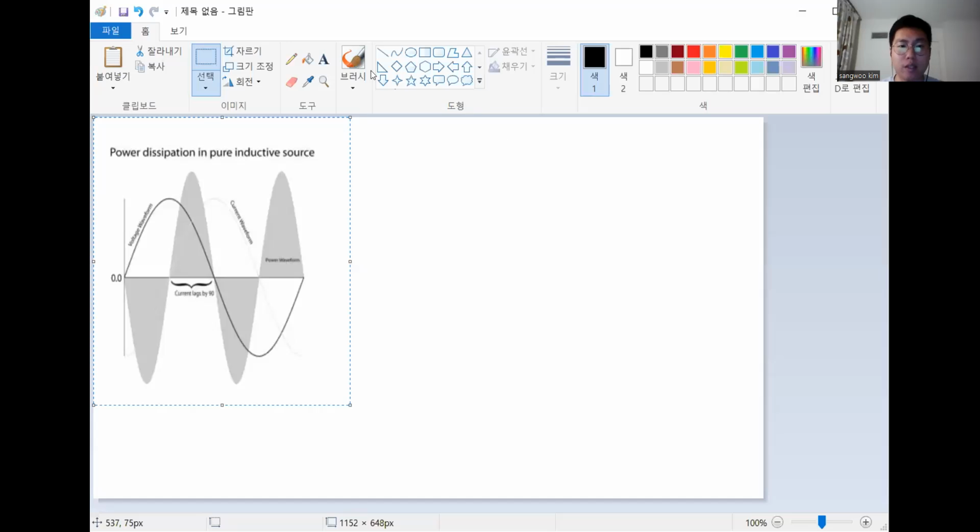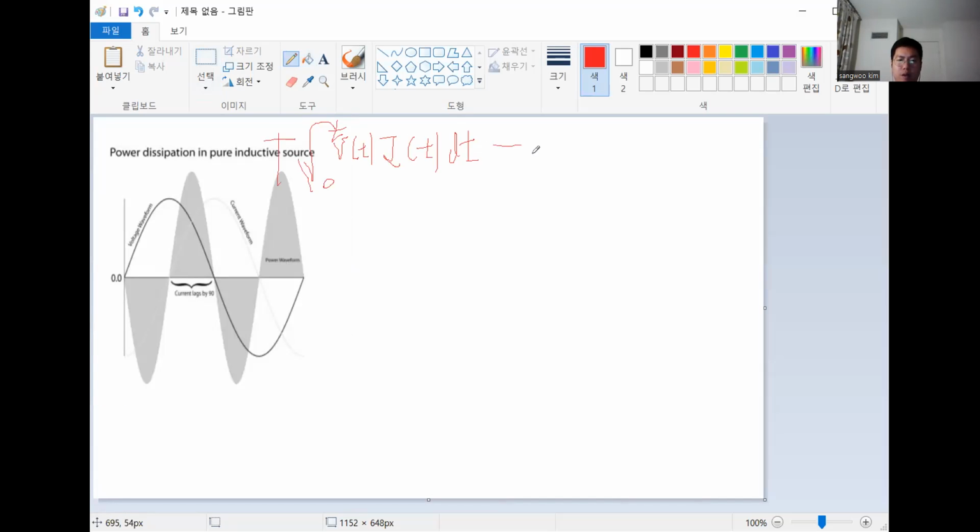So what I want to say is, guys, here, we say this is an instantaneous value, i(t). And this is the instantaneous value, right?